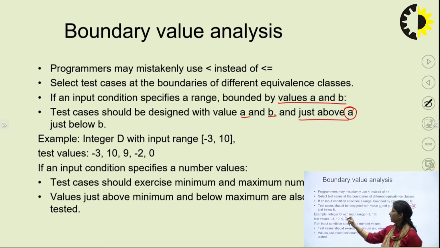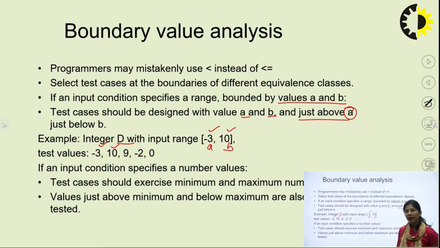Here is another example: say D is there with the input range -3 to 10. What will we consider? -3 and 10, we will take directly, that is A and B. Then we should see just above and just below: just above -3 is -2, and just below 10 is 9.